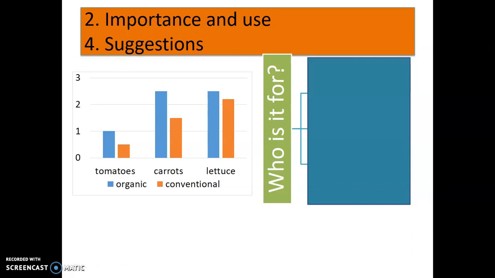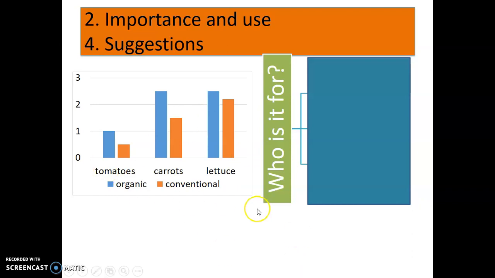You need to think, who is this graph for? Who can this graph be useful for? Who can benefit from the information in the graph?